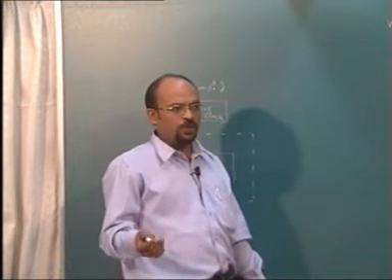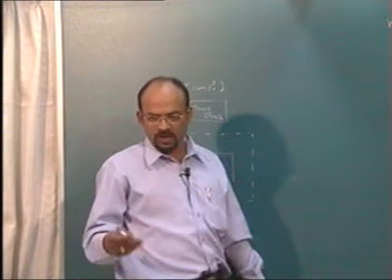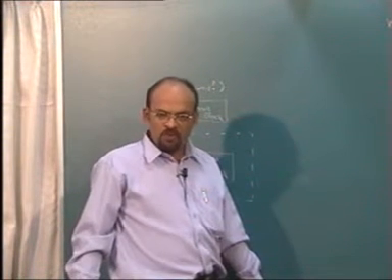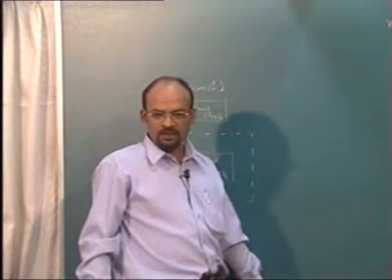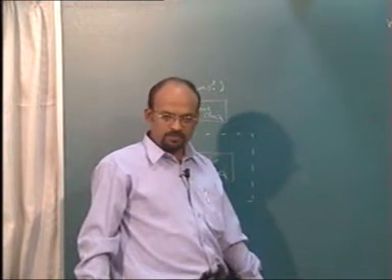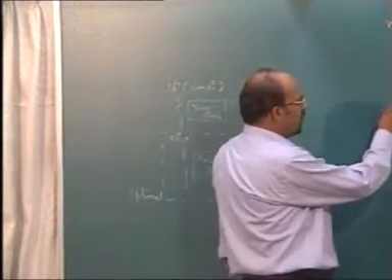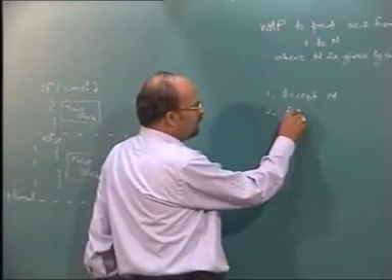If I ask you to write the numbers from 1 to 10, how will you write? You will write 1. So you will have to start with some number, say I, which is 1.